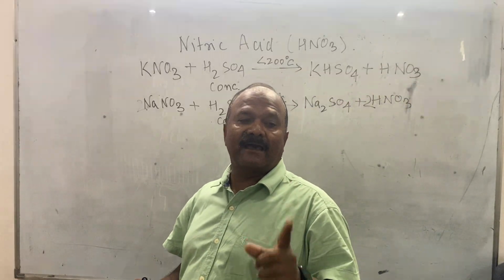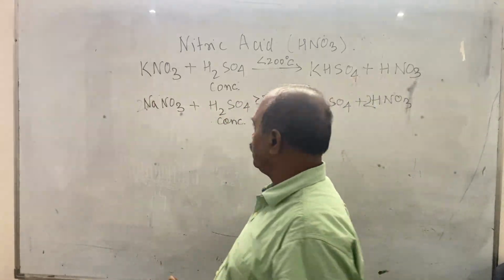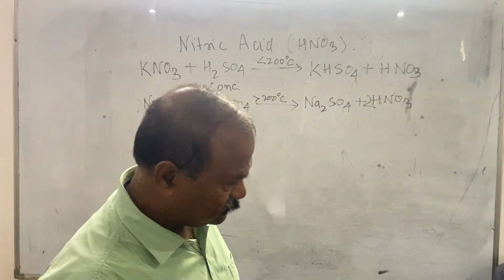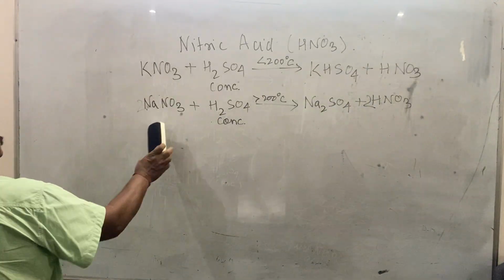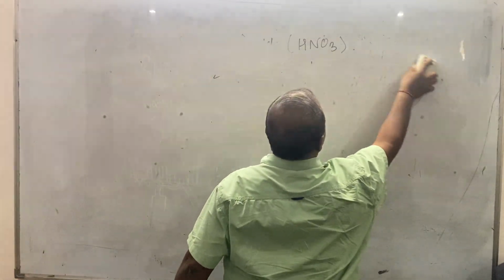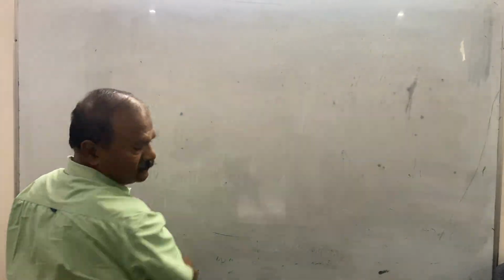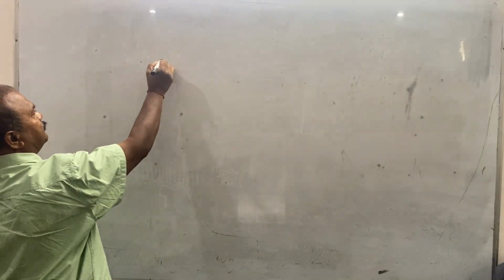That's the problem. That's why we use the complete apparatus made up of glass only. Now the diagram for the nitric acid will be like this.